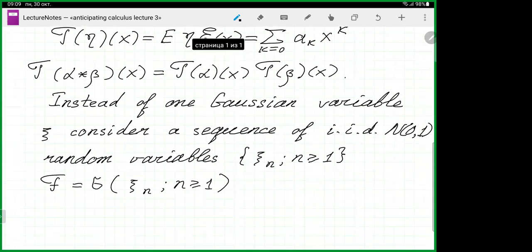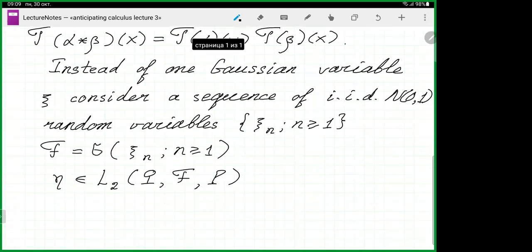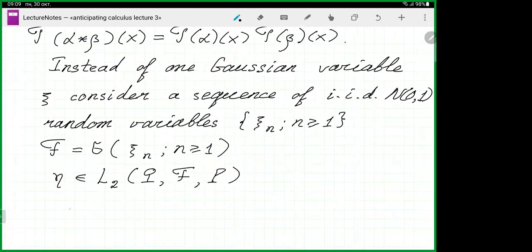And now I am considering a random variable eta, which still is square integrable, and our first aim is to say what is the orthogonal expansion. Eta is equal to the sum of what, from k equal 0 to infinity, and what do we have to place there?